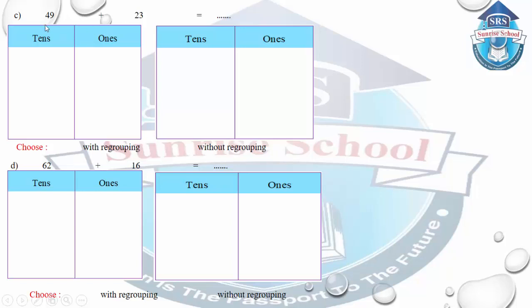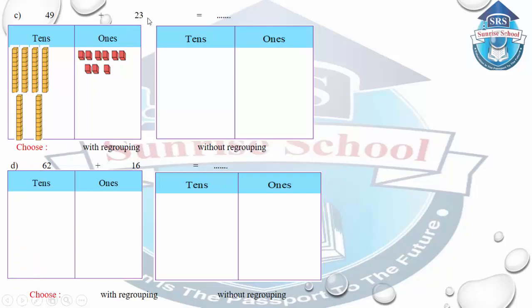49 plus 23. 40, we'll draw 4 tens here, and 9 small squares. 2 tens because of 20, and 3 small squares. Will you regroup it or won't you? Of course we'll regroup it, because here we have more than 10.